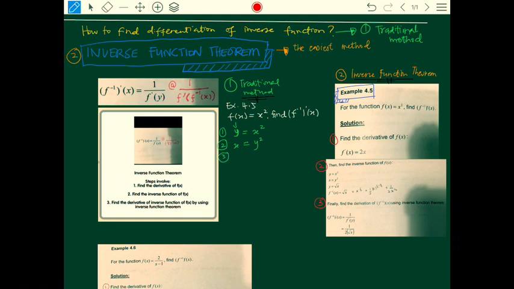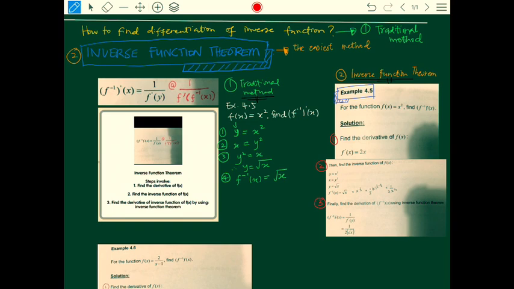The third step is, because we want to find y, we need to solve it. So y squared equals x, so y becomes the square root of x. And finally, our inverse function is by changing the y into f inverse of x equals square root of x. So this is the f inverse.